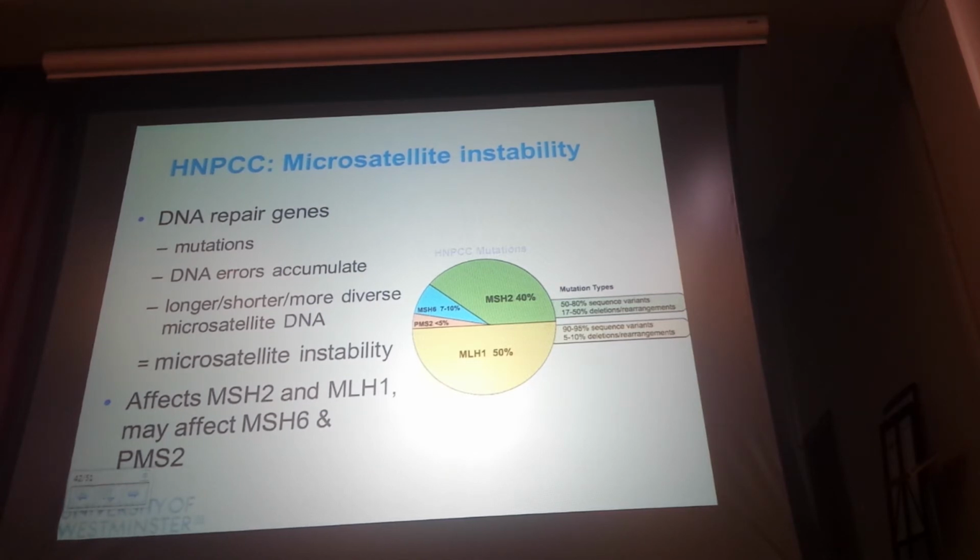And usually the mutations reported for this type of genes are at the DNA level. So it's a change of nucleotide, or a small deletion or a small insertion. And it's very rare to have big rearrangements or deletions. You can also have a mutation in MSH2, which represents 40% of all mutations which have been described for HNPCC.